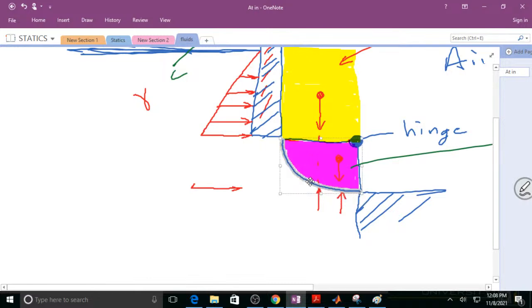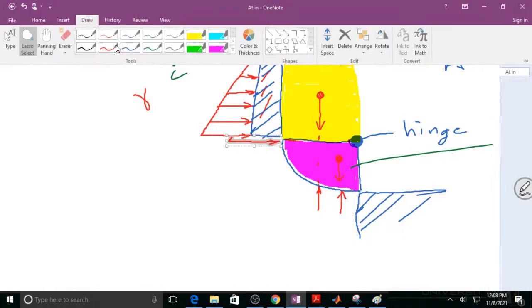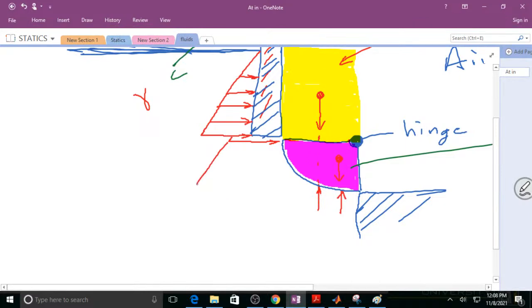Fix that back again. Okay. So the reason I was copying this is because I was going to copy it to right there. And then I was going to go back and draw as if this were the force being pushed to the right.